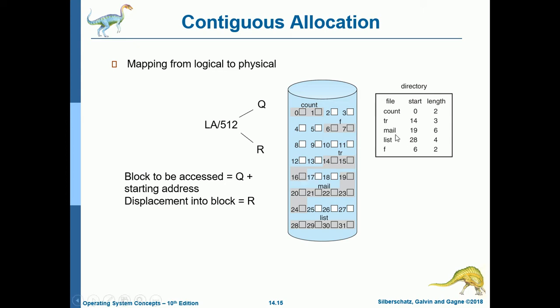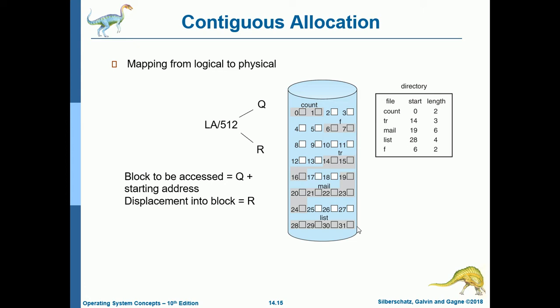And then mail: the starting block is 19, and it needs 6, so blocks 19 to 24 are occupied by file mail. And then next we have list. The list starting block is 28, and it needs 4, so 28 to 31 are occupied by file list.